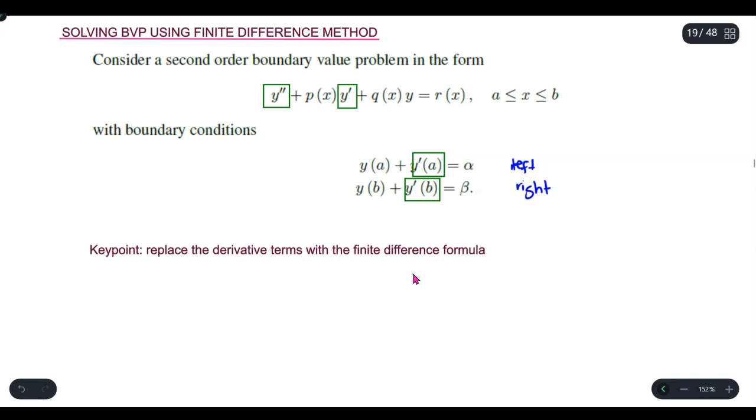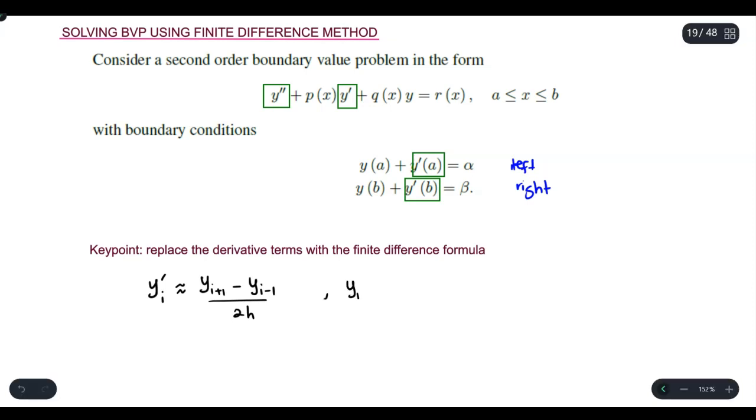So it means we are going to replace y prime and y double prime with the finite difference formula. For discussion, we will only consider the centered difference formula. So what do you have in the centered difference formula for first derivative? So y prime, your first derivative, by the finite difference formula, specifically centered difference formula, is y(i+1) minus y(i-1) over 2h. So that is y prime.